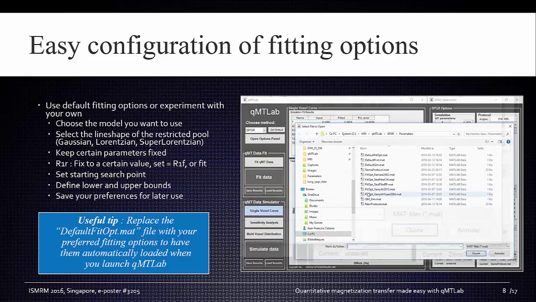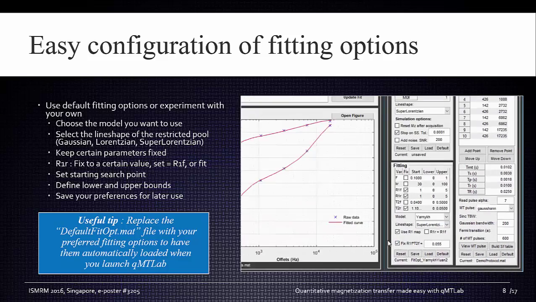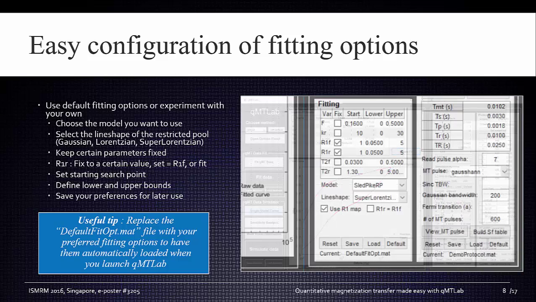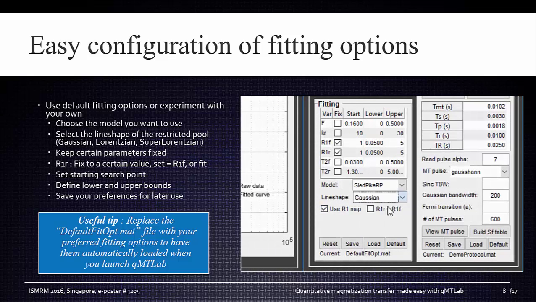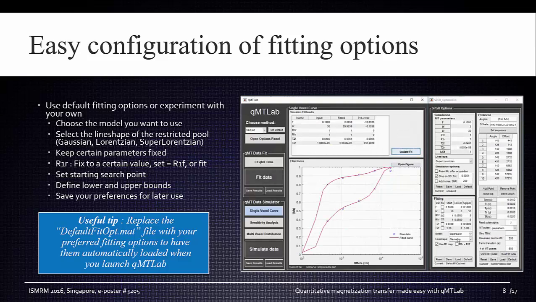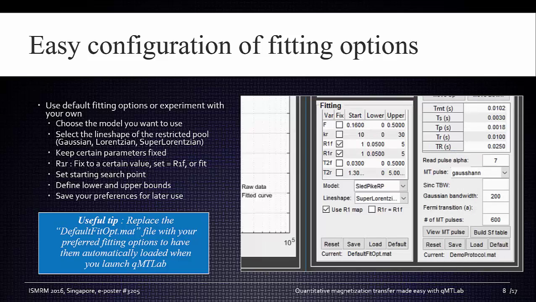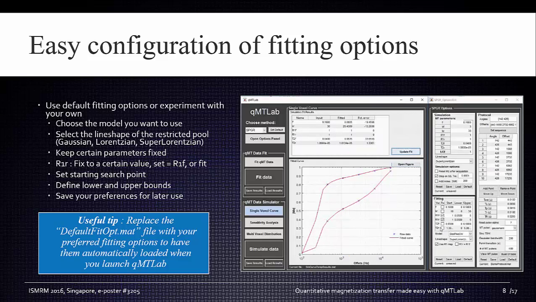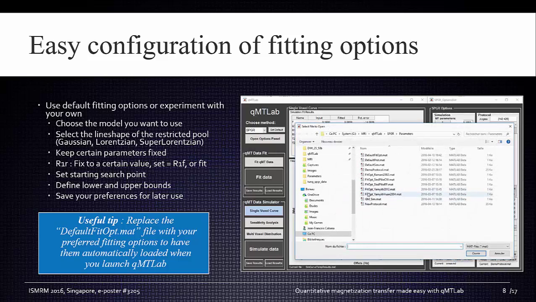For example, you can choose the model you want to use for fitting, and select the line shape of the restricted pool that you want to model. You can choose to keep certain parameters fixed. For example, the R1R value is often fixed to 1 in the literature, but some authors prefer to set it equal to R1F, so you can choose to do whatever you want here, or try to fit it directly if you wish to.